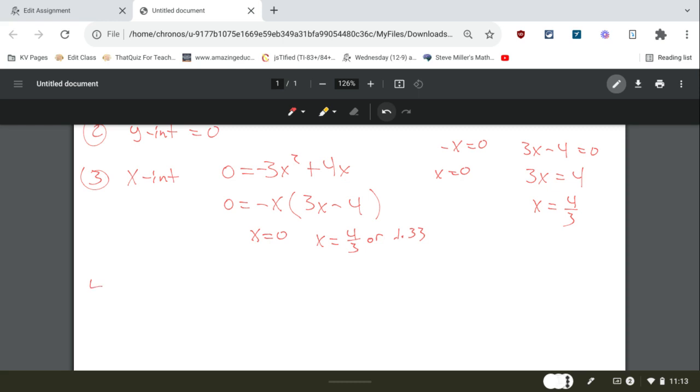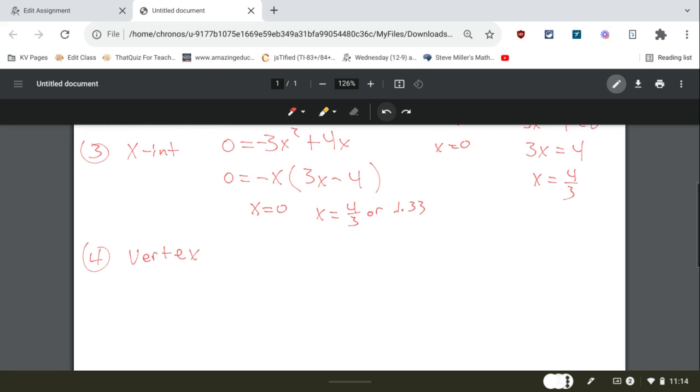Okay, and then fourth, vertex. To find the vertex on this one, we could complete the square, but it's actually going to be more difficult because we have a leading coefficient here that's not 1. So if you want to do the completing the square, it's a little bit tougher. That negative b over 2a formula is going to be the simpler way.